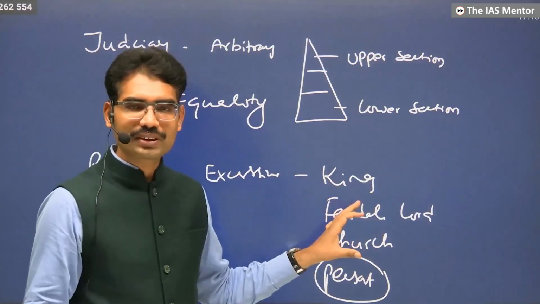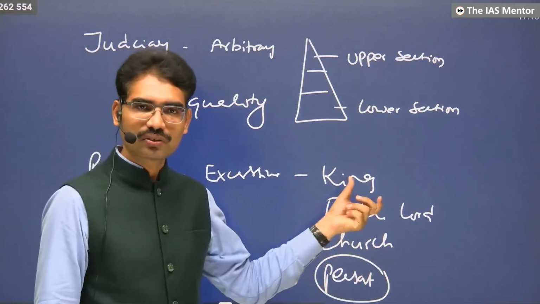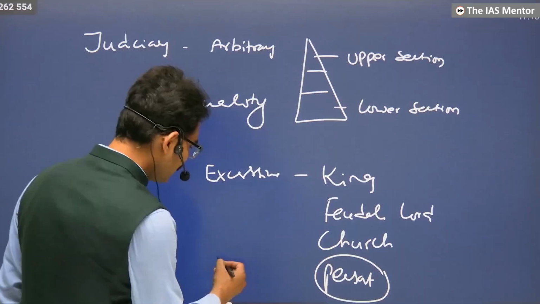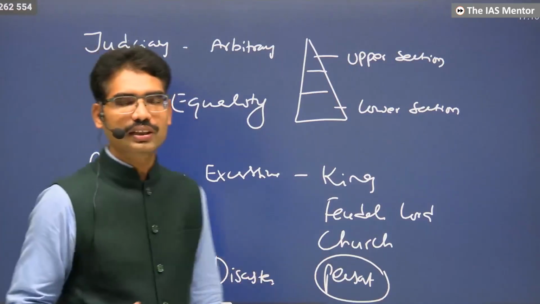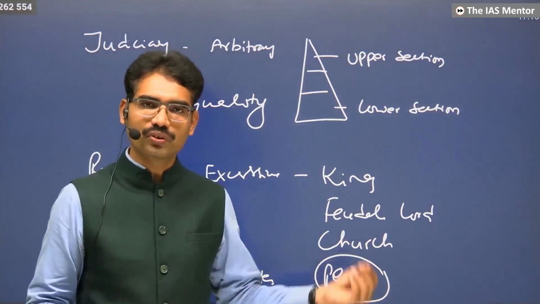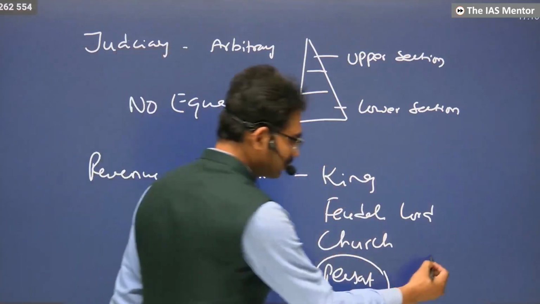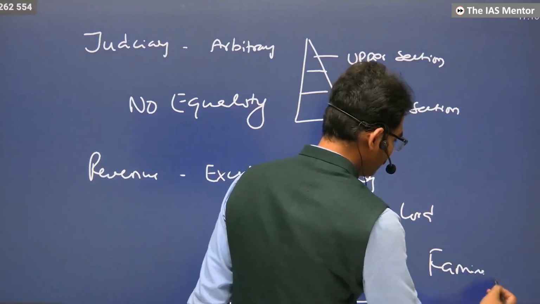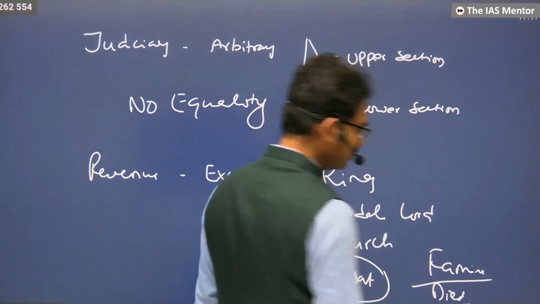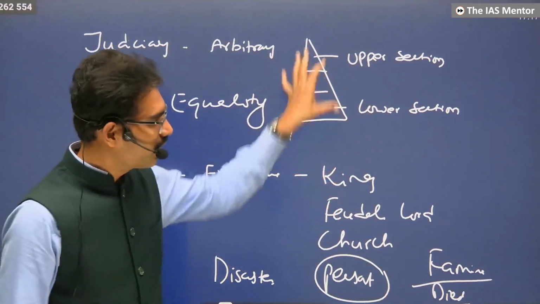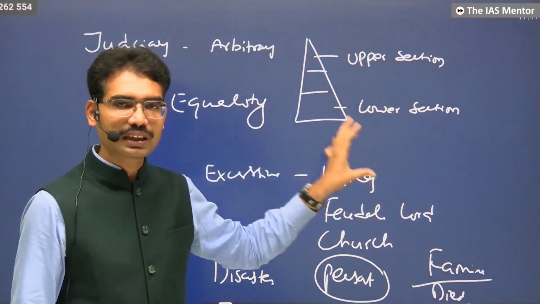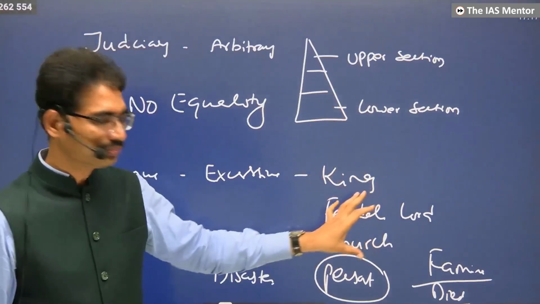That's why whatever savings the peasants had, now nothing is left. When disasters come, like no rain, from where will common people get food? No food. Famine, millions died. Whenever famine comes, millions of common people die. One day, the upper layer of society is going to pay the price for it. That price is revolution. When there is no mechanism to address grievances, then revolution is the only solution.